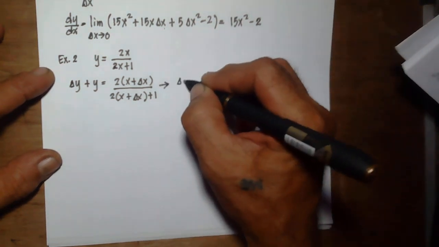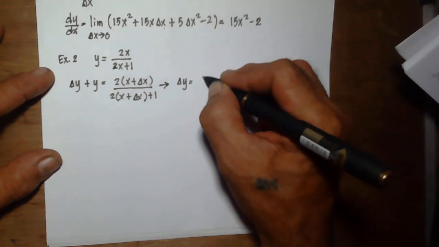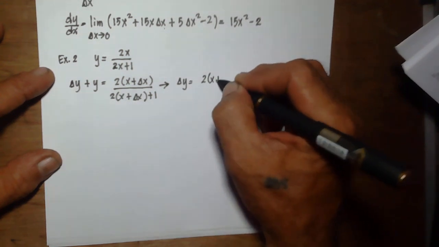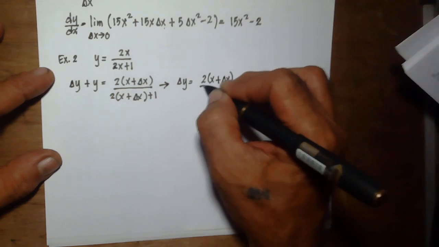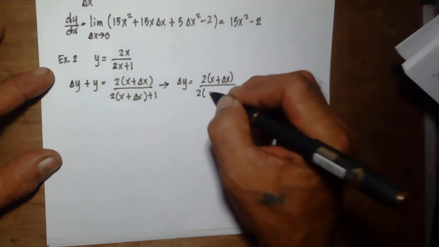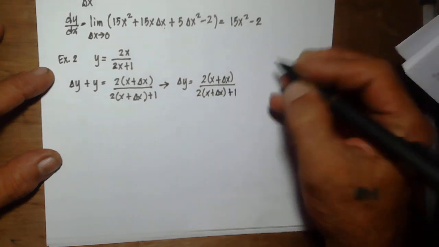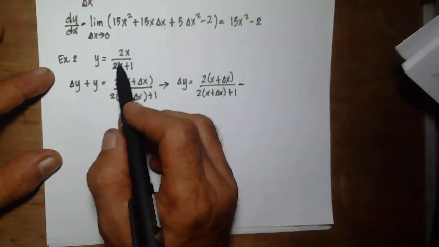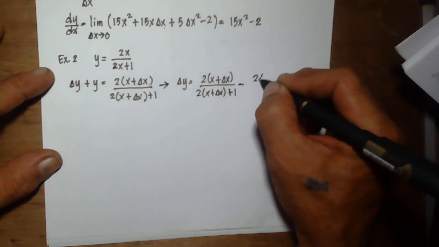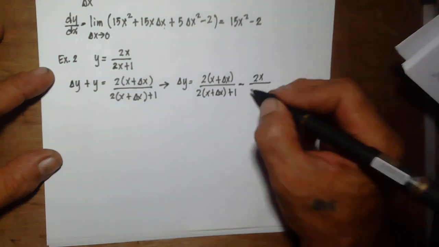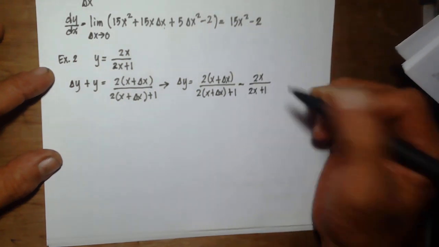Now, solving for delta y, we have 2 times x plus delta x over 2 times x plus delta x plus 1 minus y, and y is equal to this, 2x over 2x plus 1.